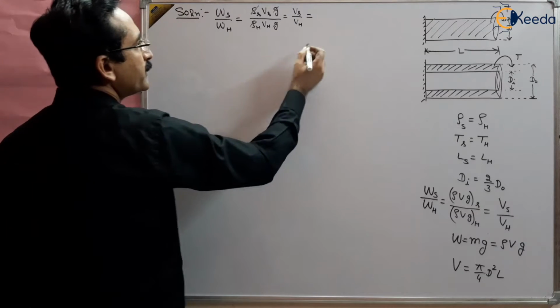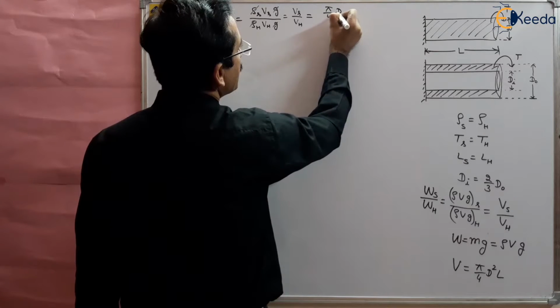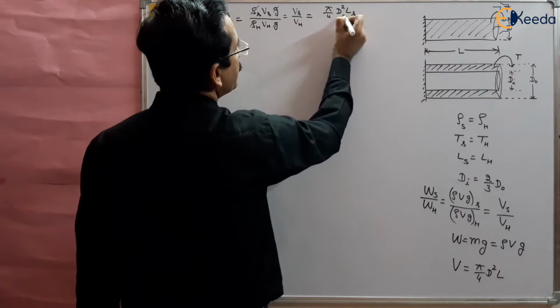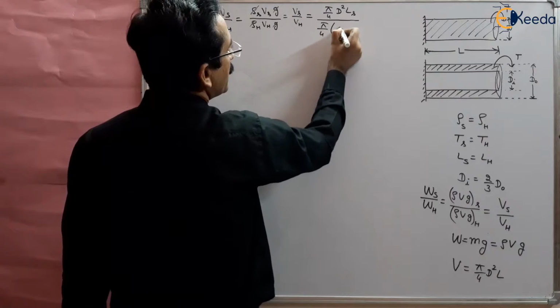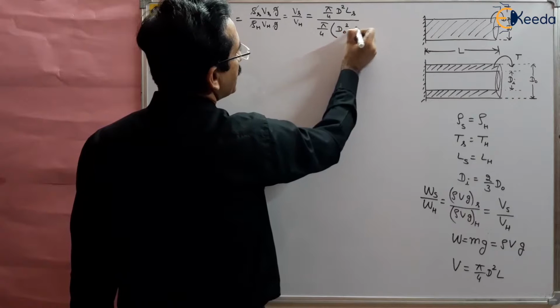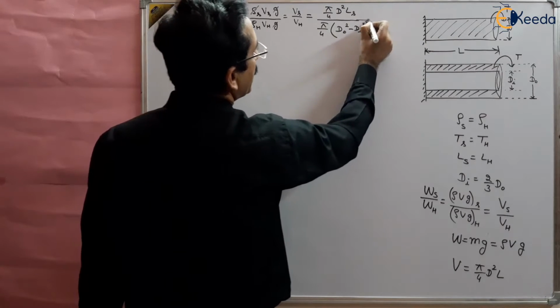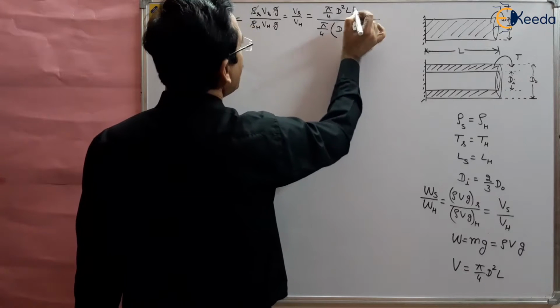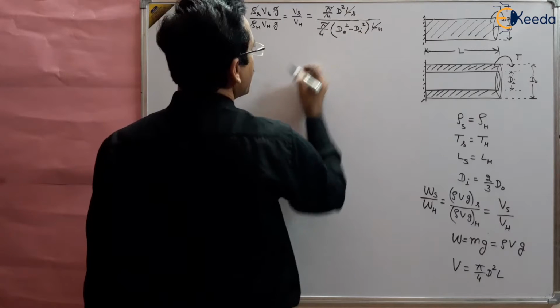And what is volume? That is pi by 4 d square multiplied by L of solid divided by pi by 4 d naught square minus di square, which is the area multiplied by length of hollow shaft, and length is also same, pi by 4 cancels out.